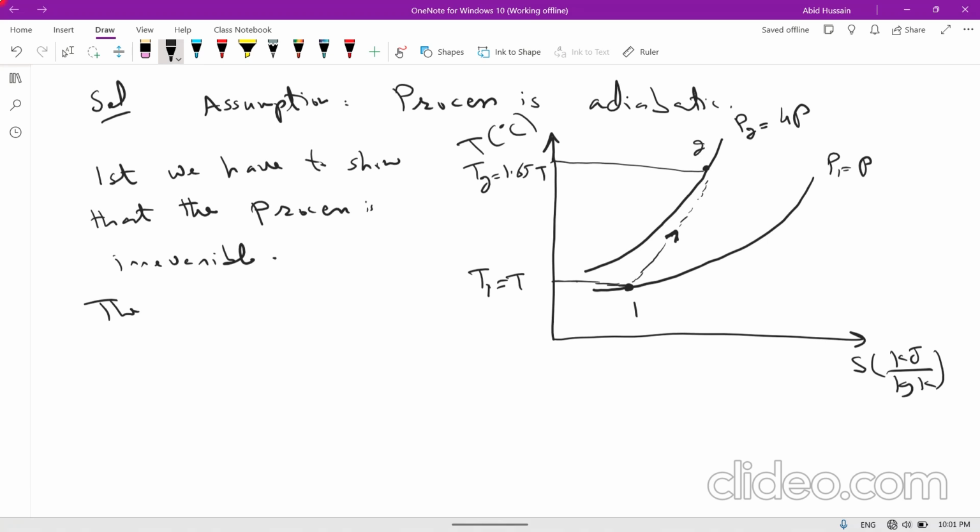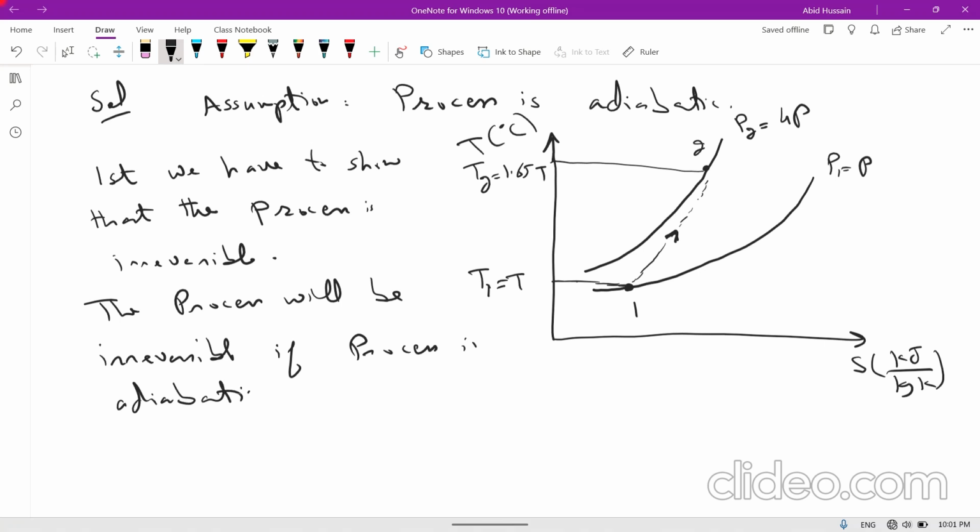The process will be irreversible if the process is adiabatic and entropy increases. So we have to show that entropy S2 is greater than S1. Then the process will be irreversible.